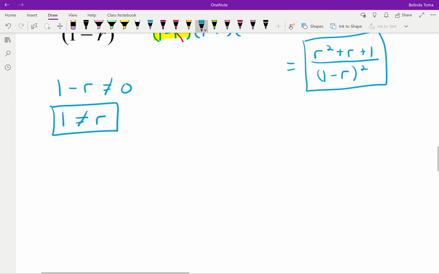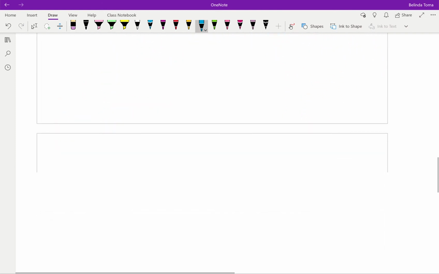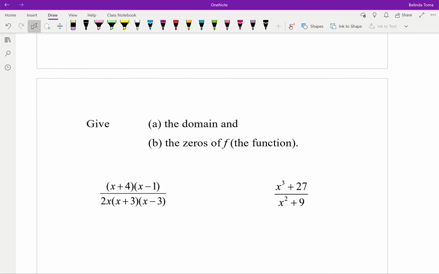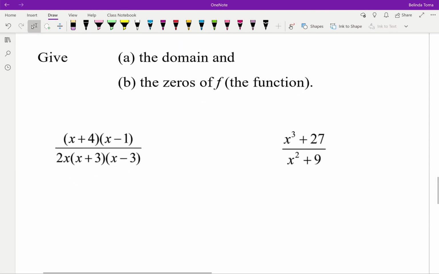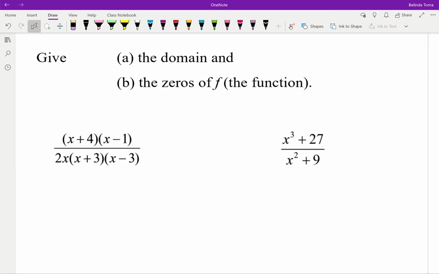Now we're going to look at a slightly different form for the next few questions that we'll see in the Green Book. We're going to give both the domain and the zeros of the function. So with the domain, we have been doing that by looking at the denominator, just as a reminder.